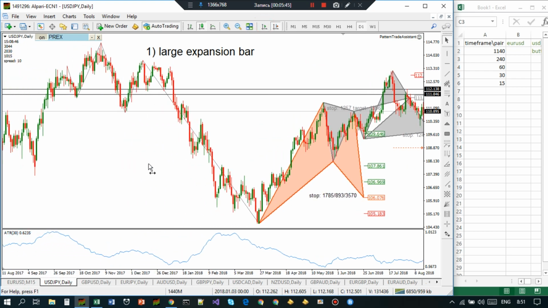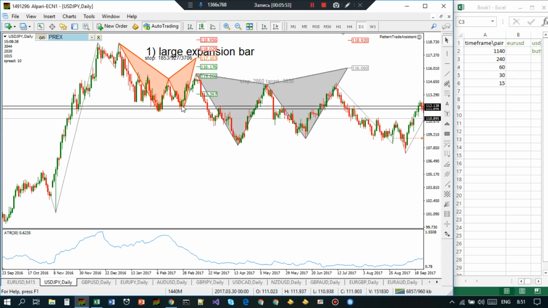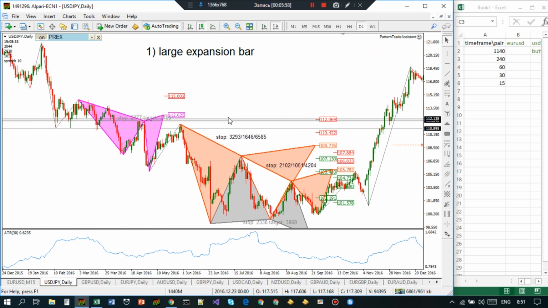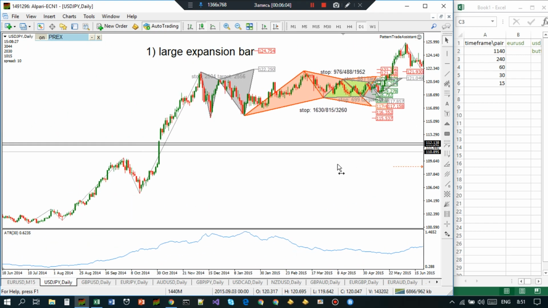Just out of curiosity, let's check this level. It was acting well. It acted as resistance, acted as support, acted as resistance, support. Well, this can be pretty good, and we had a large expansion bar breaking through it.